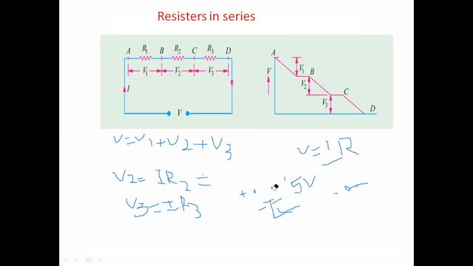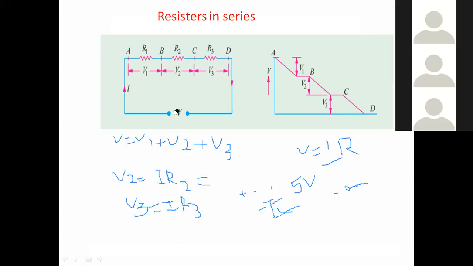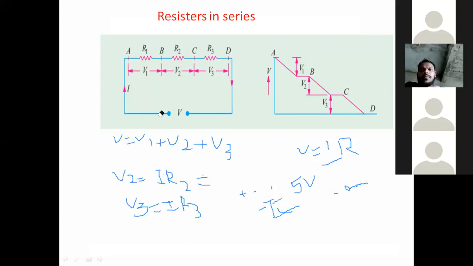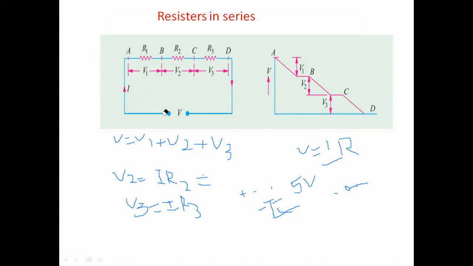Suppose here we have a circuit. It has a voltage source, and this voltage source is connected to three resistors. When we connect these three resistors, current flows from the source. Electrons flow from this point through these resistors and reach the other side of the potential.